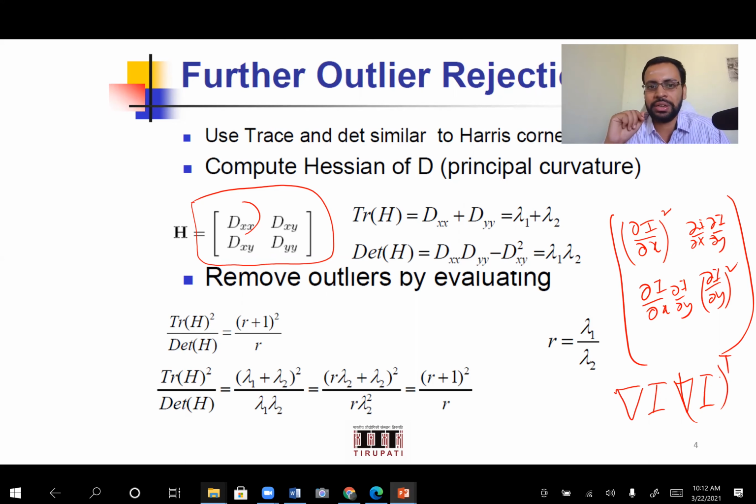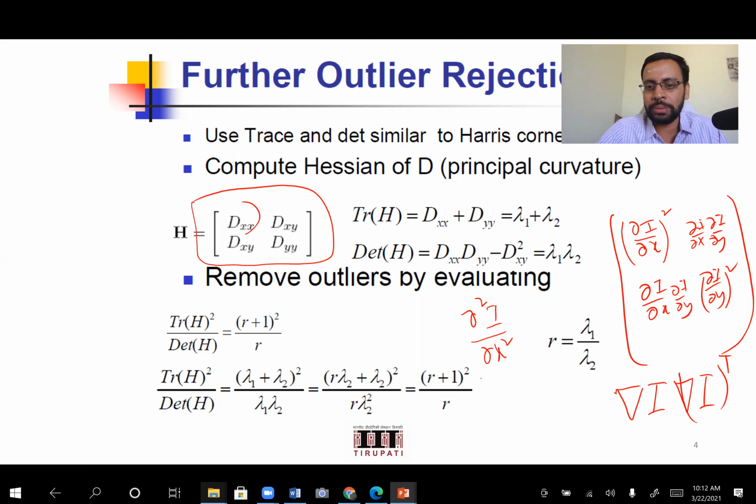On the other hand, when it comes to the Hessian, don't confuse that with this. Now you have dou square I. It is in fact the difference of Gaussian, but let me for the time being put I itself, because I want to draw your attention to the derivatives here.